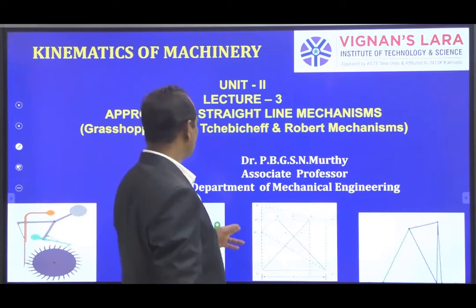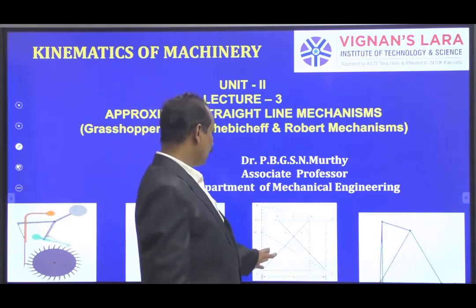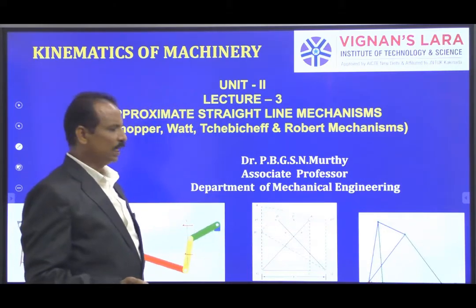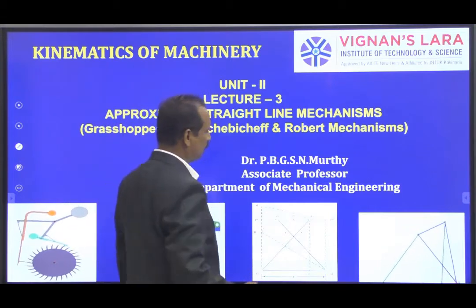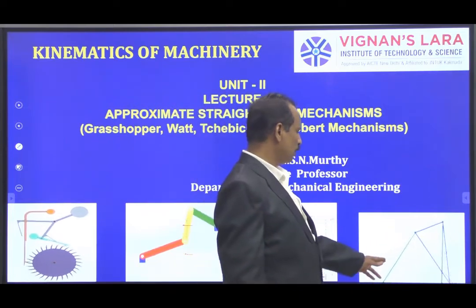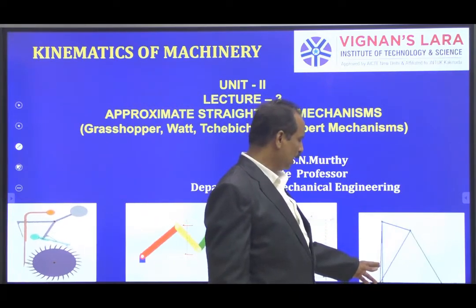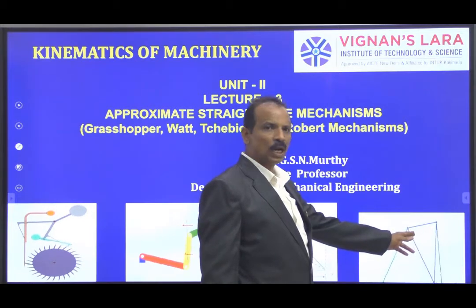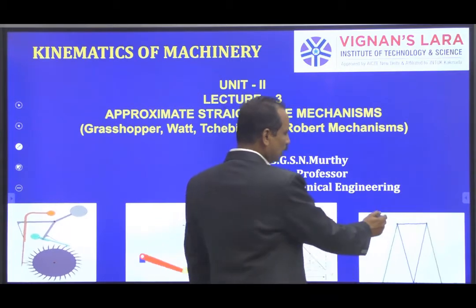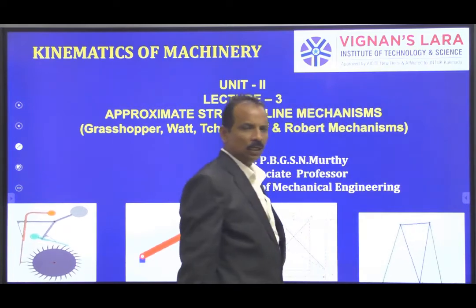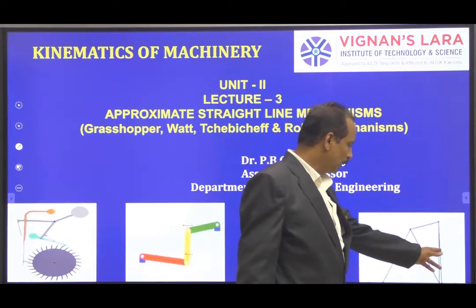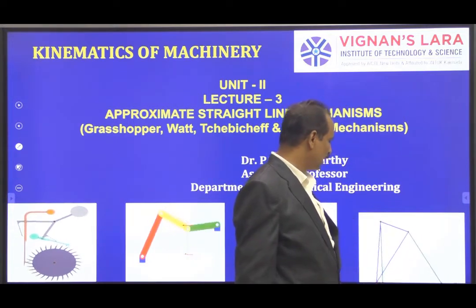Then another one is the Chebyshev mechanism. Here the middle point P will always be moving in a straight line. That is the third mechanism. And finally this is the Robert mechanism. In this Robert mechanism you have four links. The blue one is a single link, even though it looks like a triangle with a joint at each corner. The green one is one link, another one is another link, and there is a fixed link.